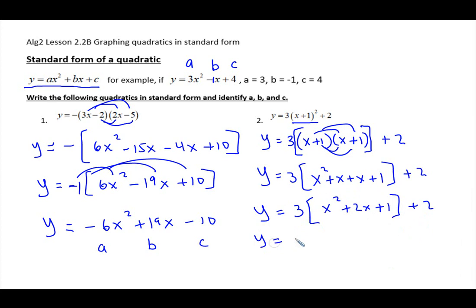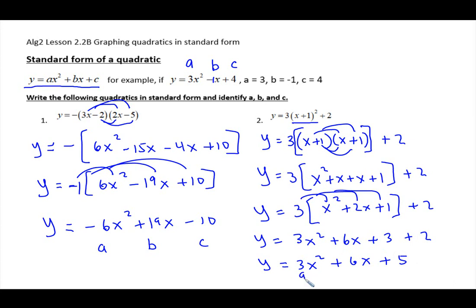I'm going to get y is equal to 3x squared, distributing the 3 into everything inside here, plus 6x plus 3. And then we have the plus 2 at the end. So our final answer will be 3x squared plus 6x plus 5. Our a, b, and c values are going to be 3, 6, and 5.